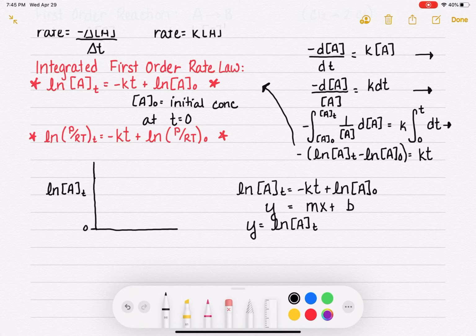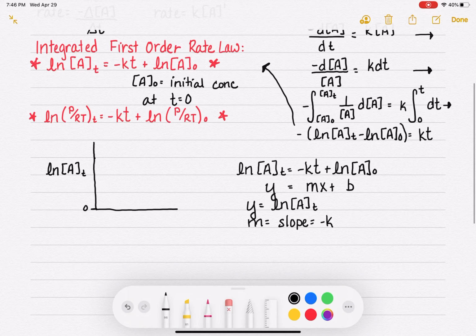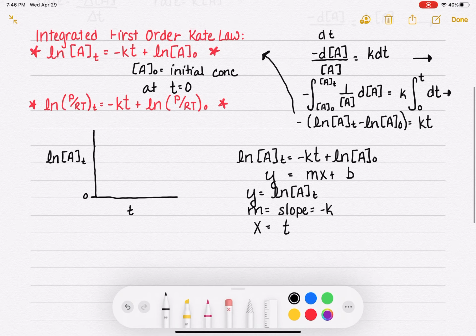And then our m, the slope, is going to be negative k. And our x is going to be time, little t. So that's going to be down here. And our intercept is going to be the natural log of A at time 0.